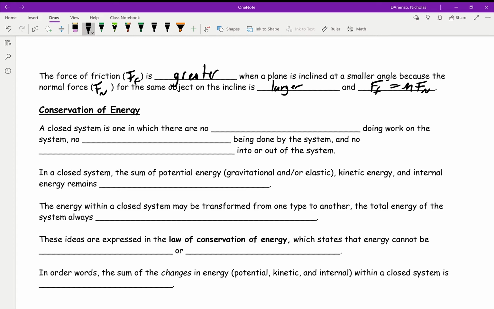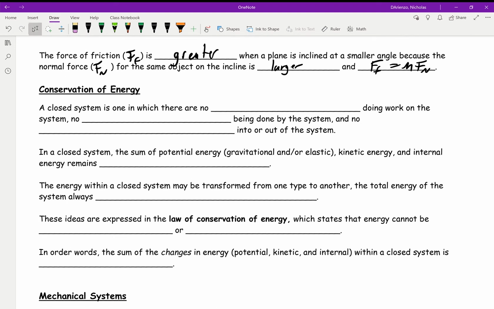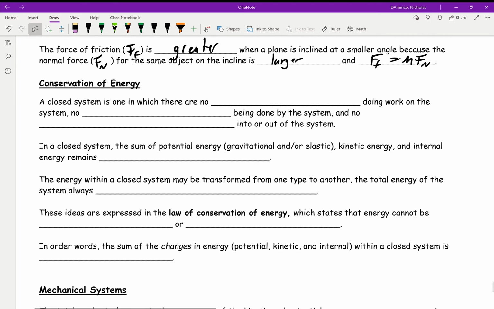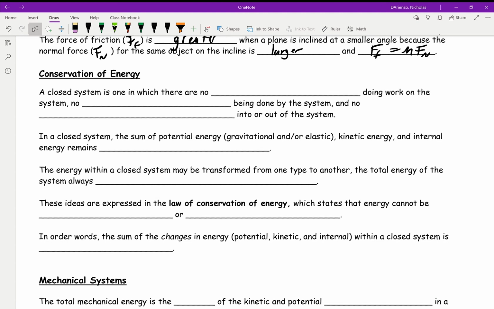So we're going to have a greater force of friction the flatter that ramp is, because more of our weight is acting downwards on that ramp. We're going to experience more friction, and therefore we're going to have to do more work against that friction.